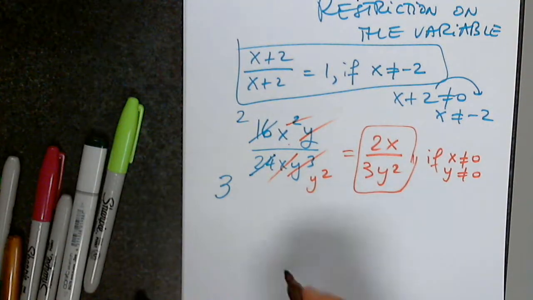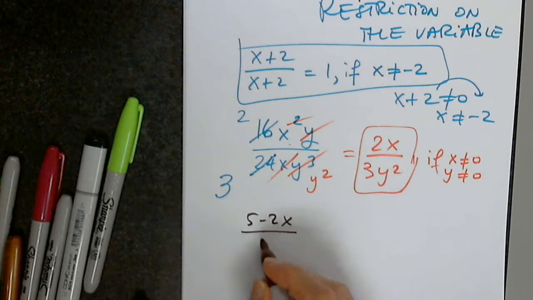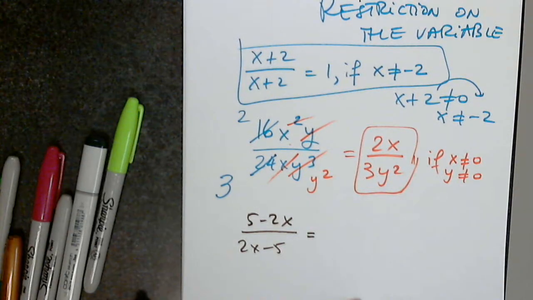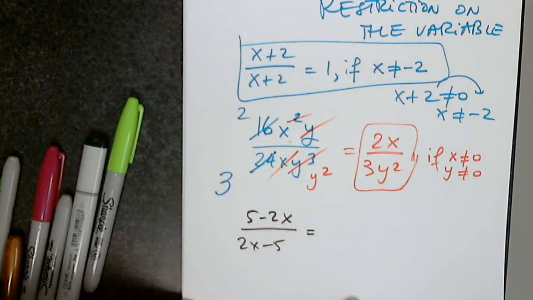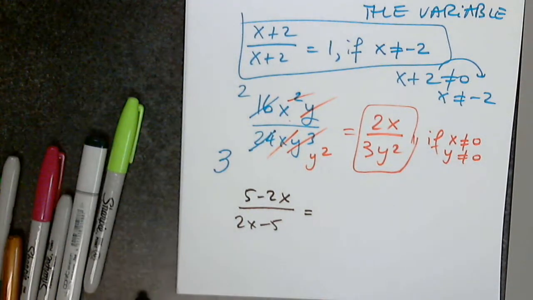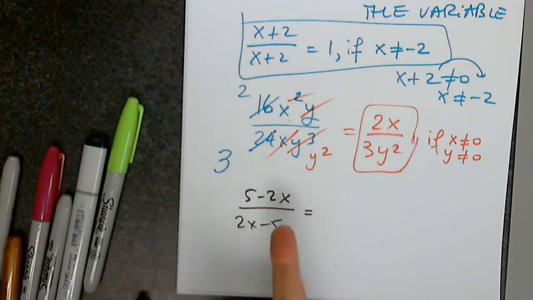Okay, we're just practicing. 5 minus 2x over 2x minus 5. And then I'll do one more and then you'll do the last one, or vice versa. I'll do the last one and you'll do C. Remember from the previous chapter, chapter 6, we said everything has to be in descending order and no negative leading coefficient. So the bottom is fine, the top is not.